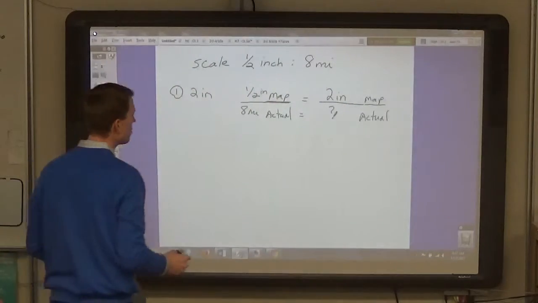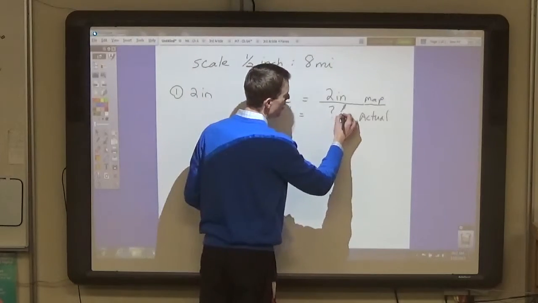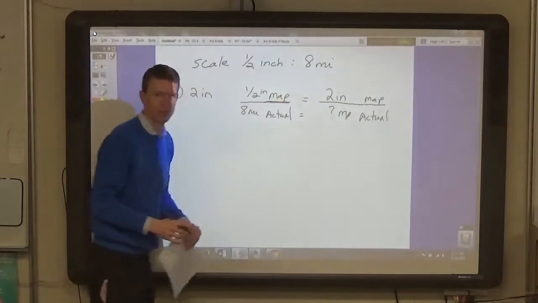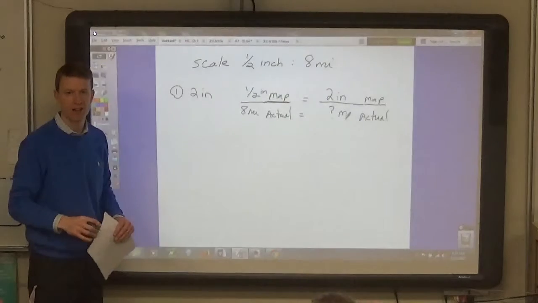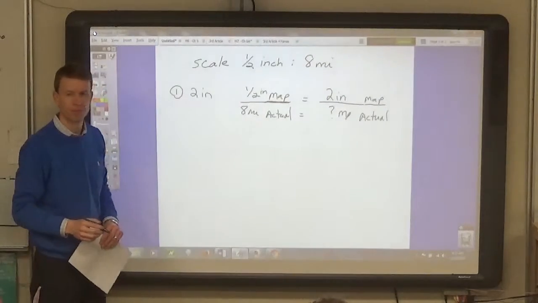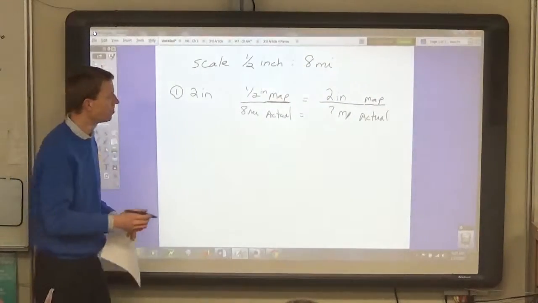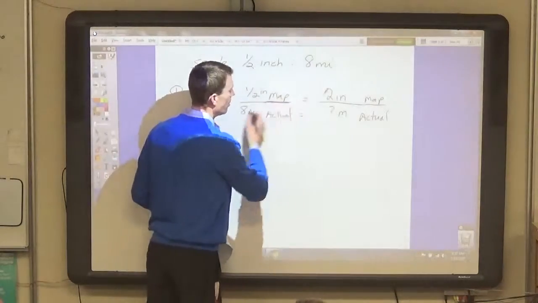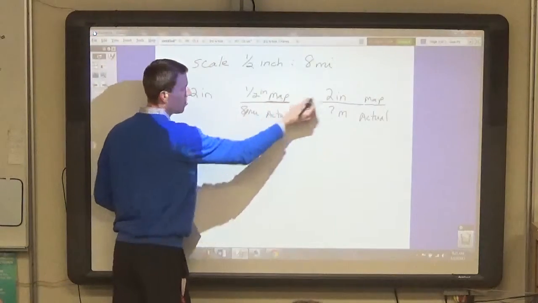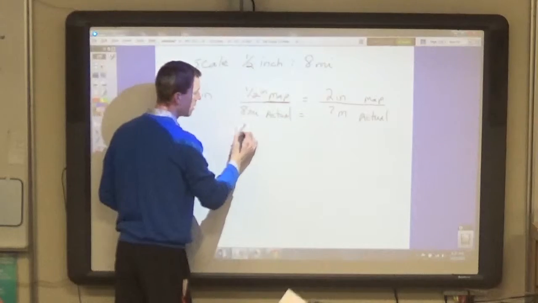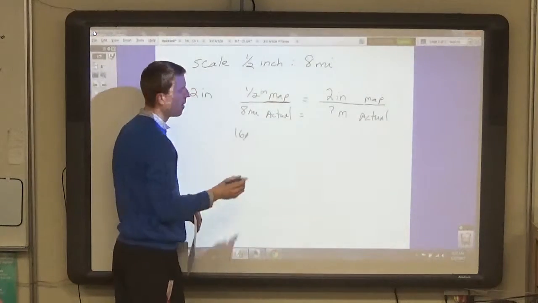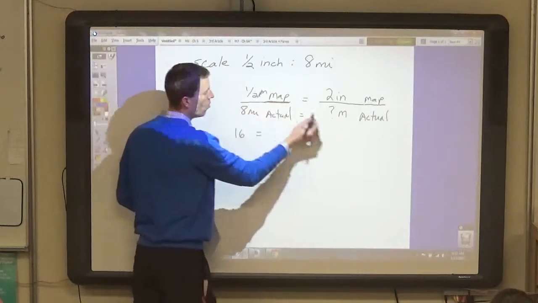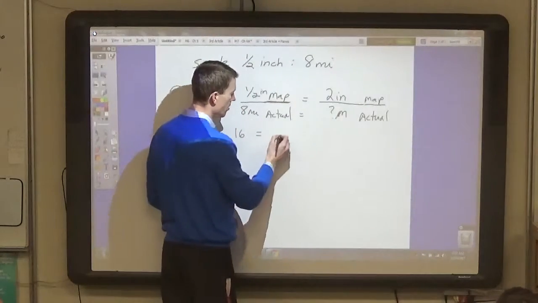And so to find the actual distance, we can write that as m miles, and then solve the proportion. Okay? To solve a proportion, cross multiply. So 2 times 8 is 16, and that's equal to 1/2 times m.